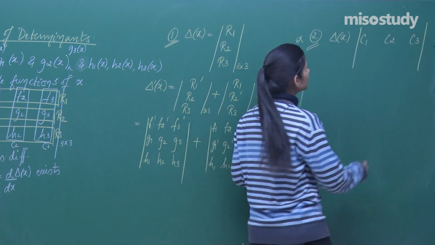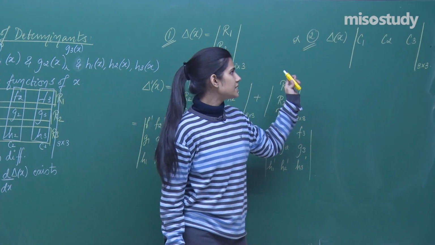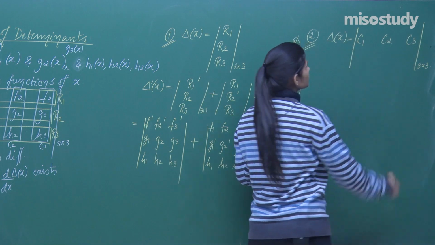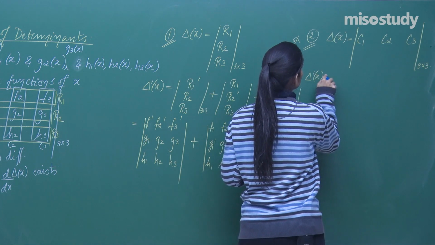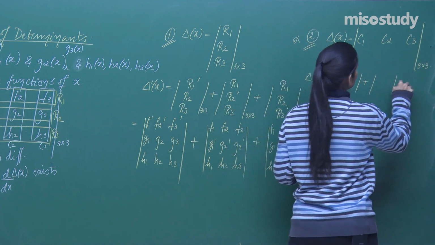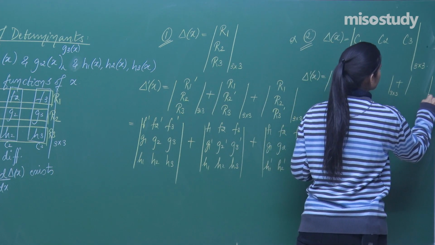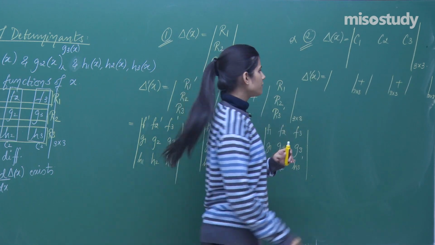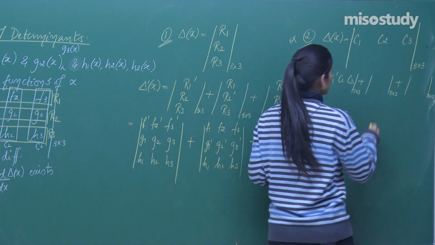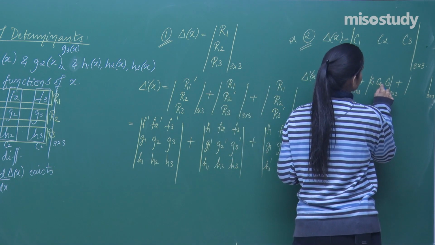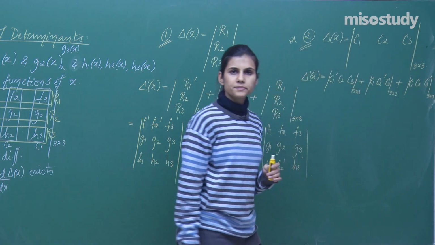If that's the scenario, then because delta is a determinant of order 3, delta dash is going to be the sum of 3 determinants, each of order 3 cross 3. First determinant will be obtained when you differentiate the first column, keeping the second and third columns as they are. Here you keep the first and third columns as they are and differentiate the second column. Here you keep the first and second columns as they are and differentiate the third column.